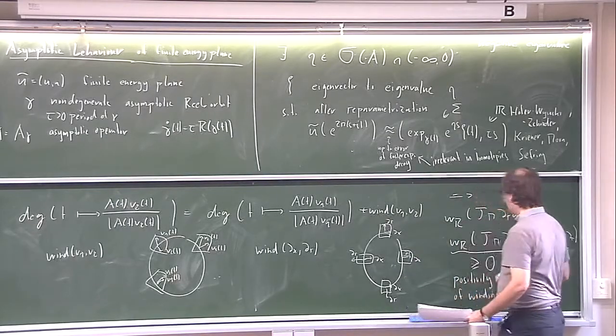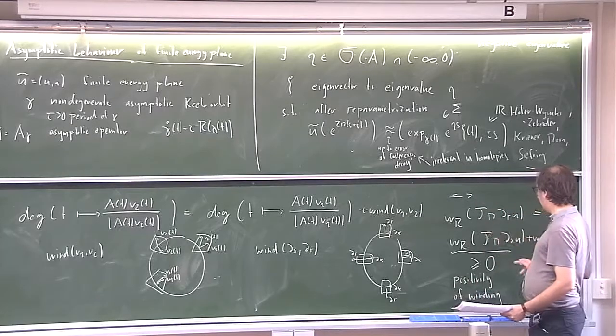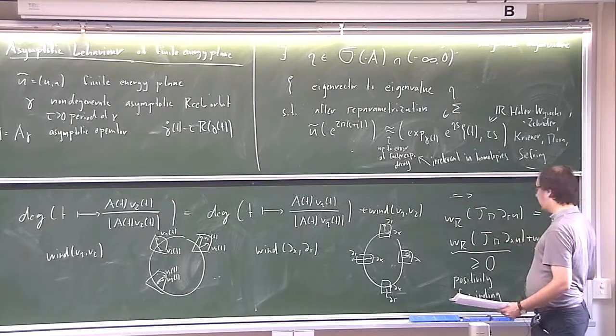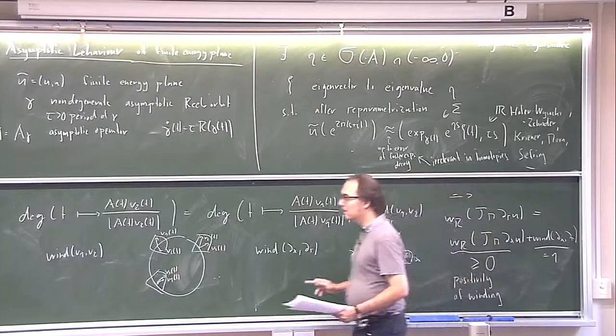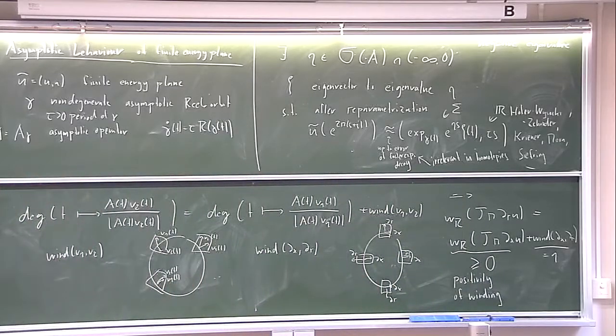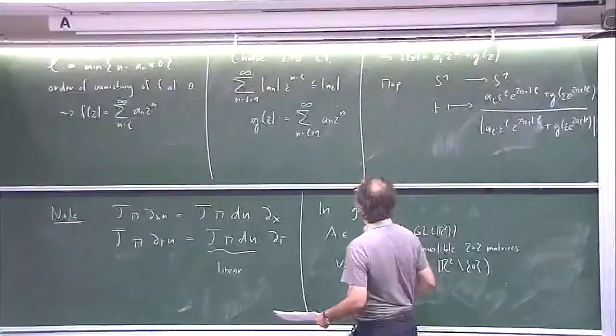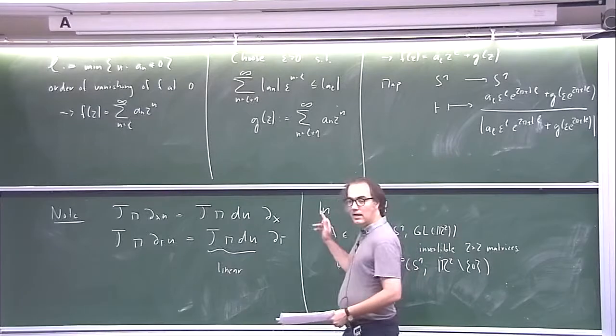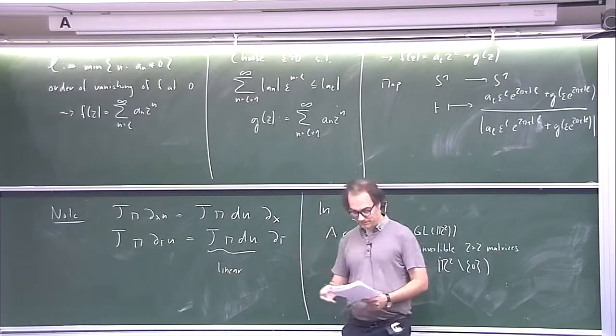So the conclusion is that this binding number is bigger or equal to 1, and this is the binding number. Maybe it disappeared of eta of this.